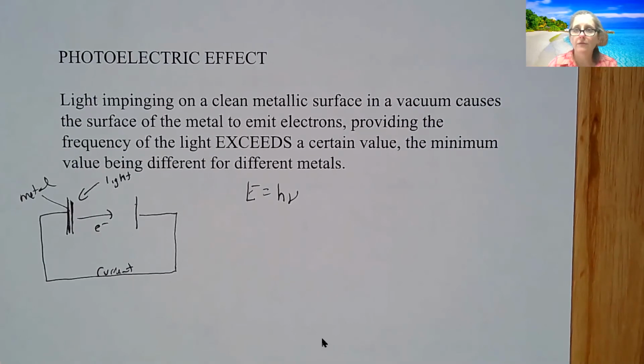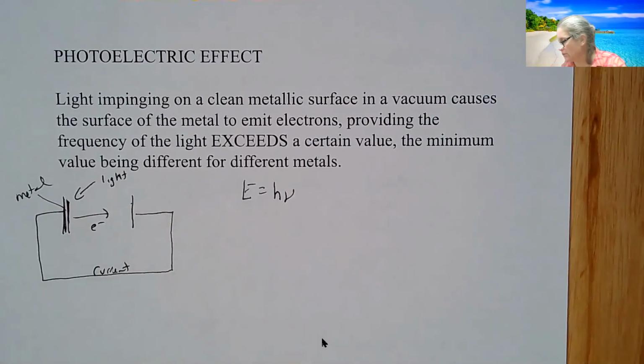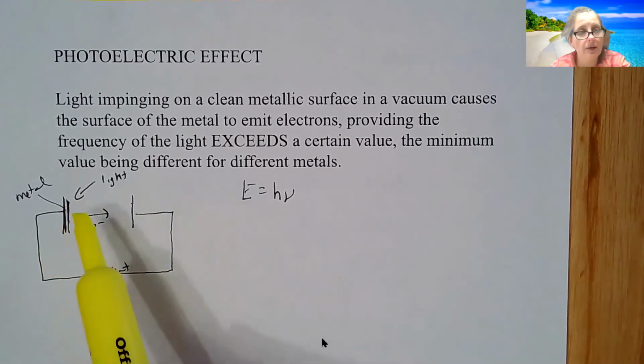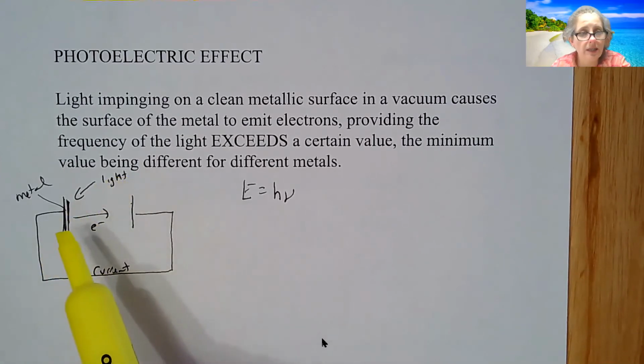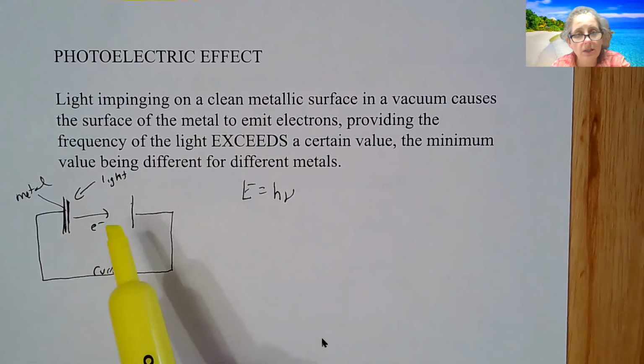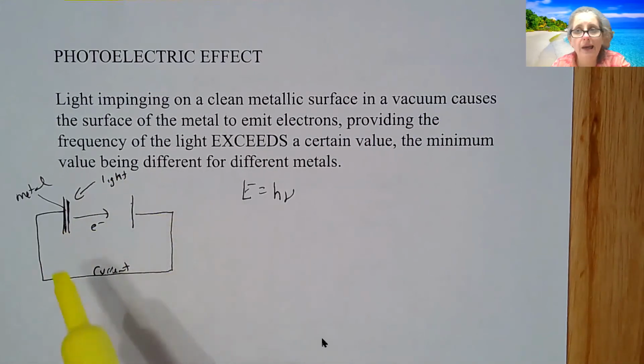So after watching the video, I want to give you some further discussion of it. I have light over here, and I do expect you to know the diagram. So I have a light source hitting a piece of metal, and the electron is being ejected, and then I have a way to count or see how much current I have there.